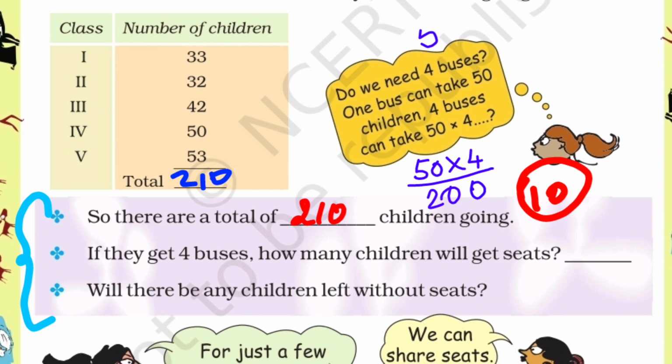We already calculated, which is 200 seats. Last question: will there be any children left without seats? Yes, we found we have 10 children left without seats.